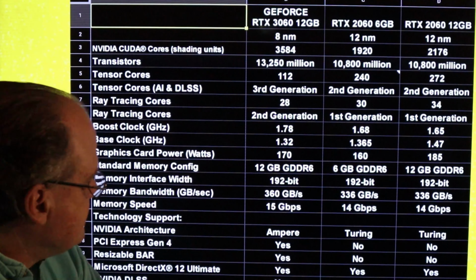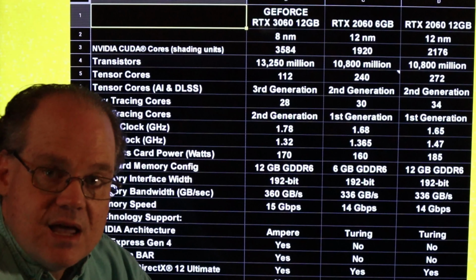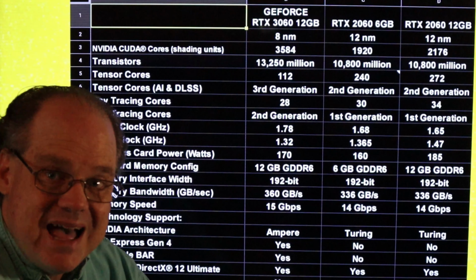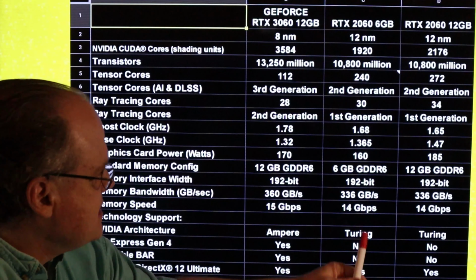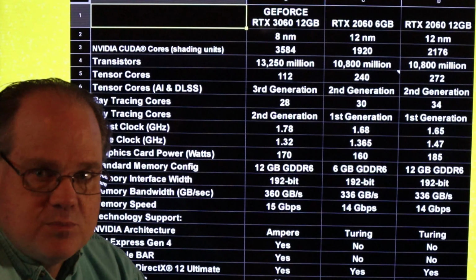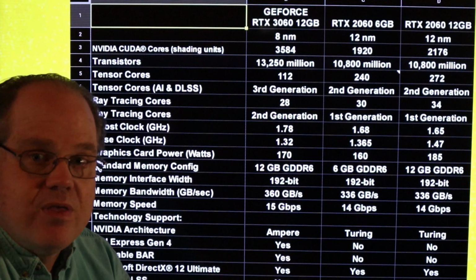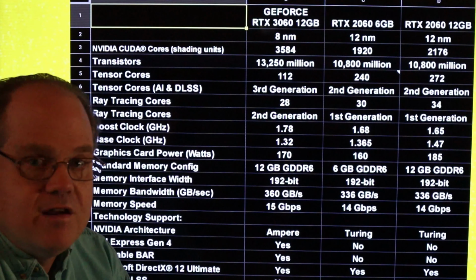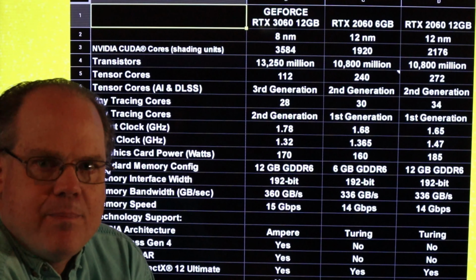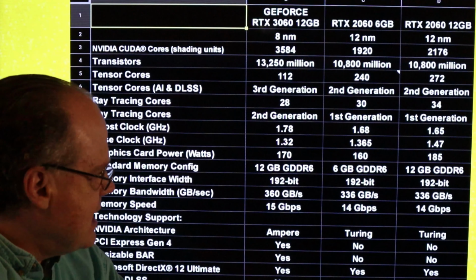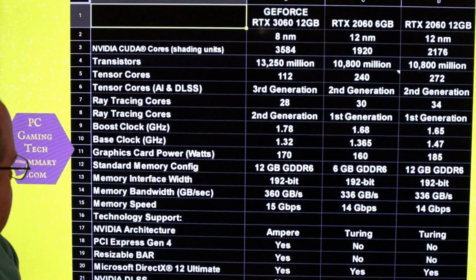Different technology. The 3060 is compatible with PCIe 4, and the 2060s is not. It's PCIe 3, which is the speed that information can travel when you put it into your motherboard. It's not that big of a deal because it's only a few percent difference, so don't worry about that too much.